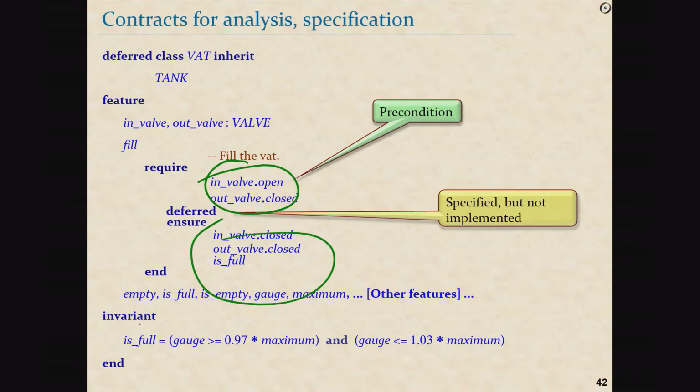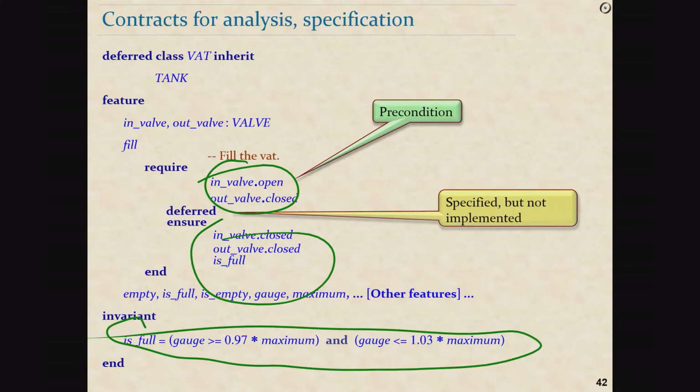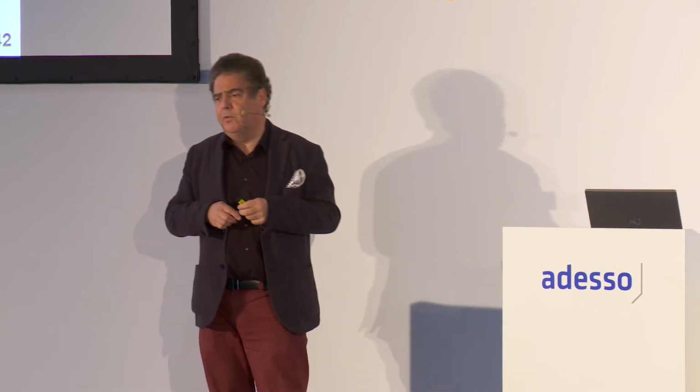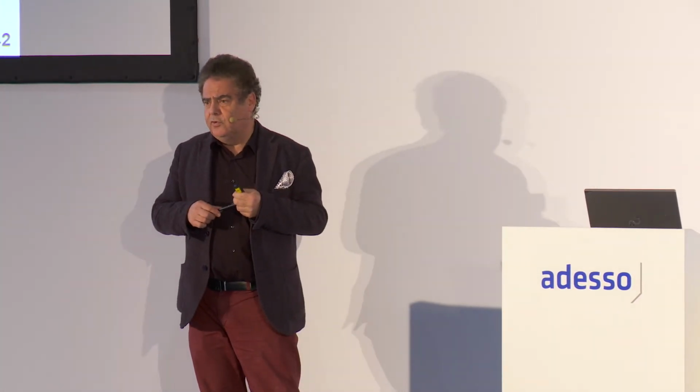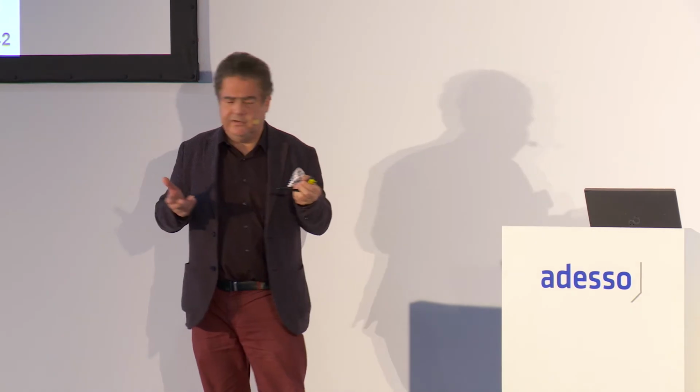At the end, the input valve will now be closed, and the output valve will again be closed, and is_full will be true, where the invariant tells us what we mean more precisely by is_full. So you see, it's this idea of using a very powerful, simple but very powerful object-oriented notation to do everything, in particular to talk about the world.